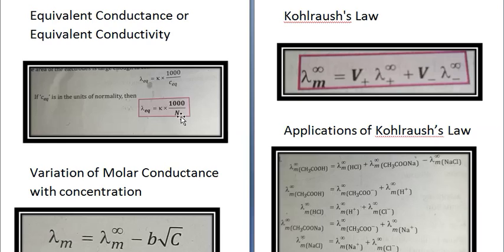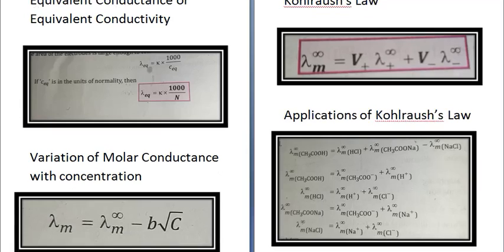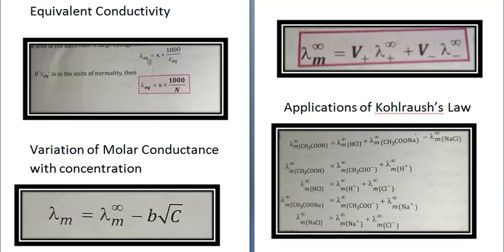Now next we come to variation of molar conductance with concentration. If it is a strong electrolyte, as the concentration of solution decreases or dilution increases, that means it is becoming more and more dilute, the molar conductivity of a solution of a strong electrolyte approaches a limiting value.